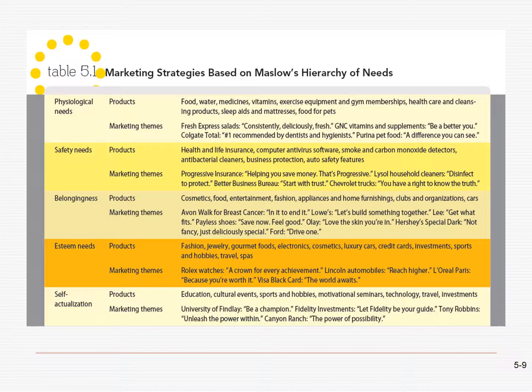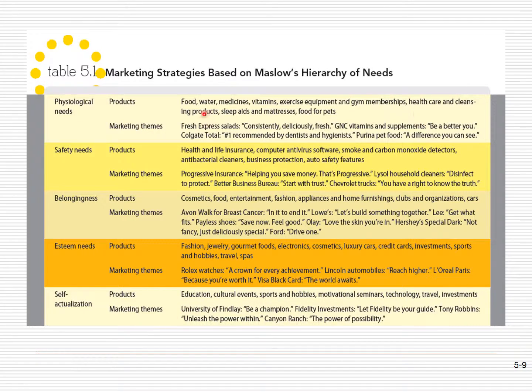As we start from the top of this table here, and I'll just highlight it for you, the physiological needs, and we move down towards self-actualization. Maslow's theory basically says that consumers will tend to satisfy these higher level needs, these physiological needs, before they get down and are able to fulfill self-actualization.